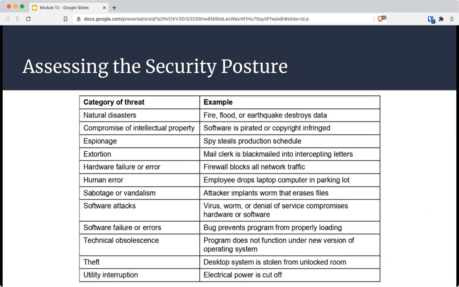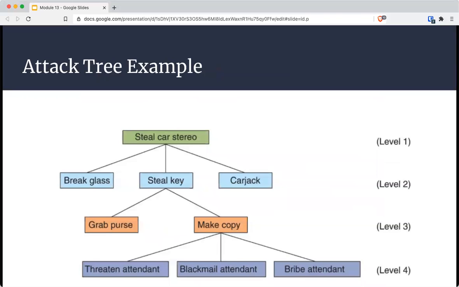All of these can be threats. Now, in order to set up these threats in a way that makes sense to our audience, who is typically not the experts in security, we can make graphs like an attack tree.